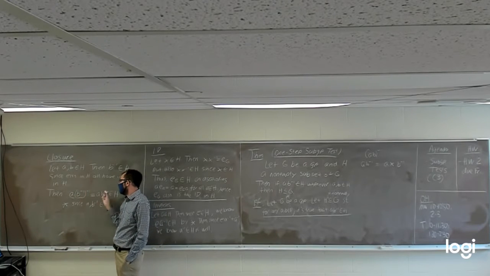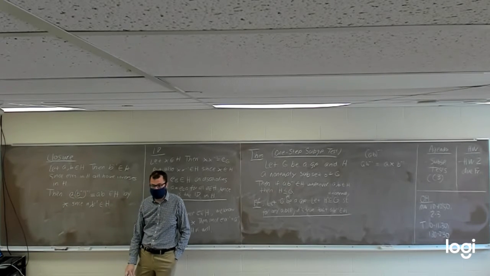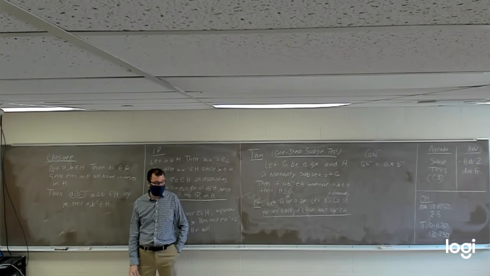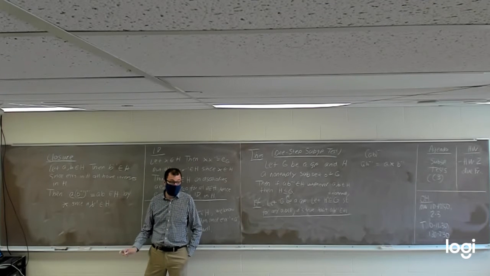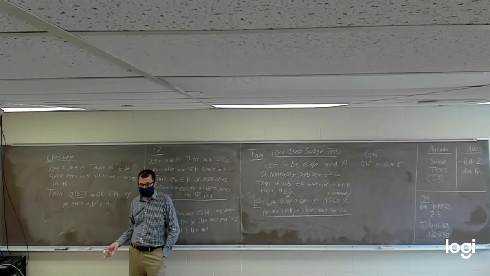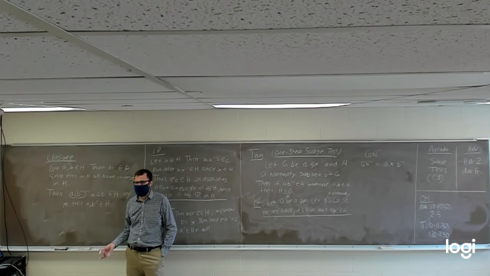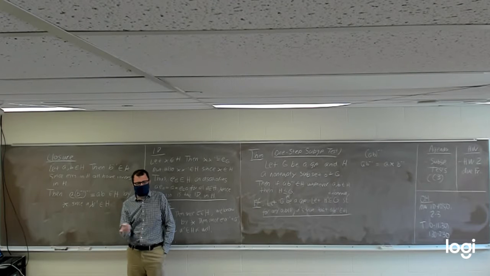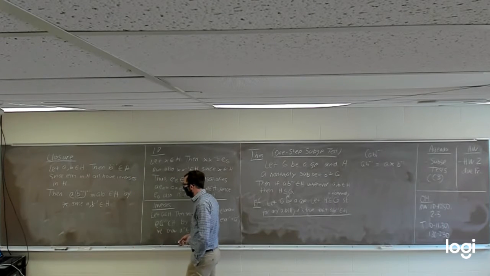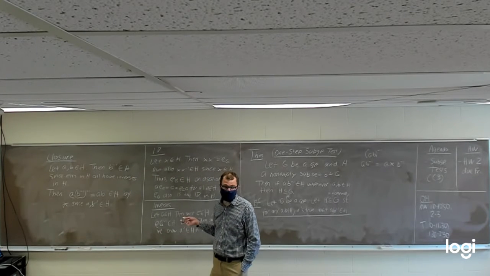That tells us that A times B inverse inverse has to be an element in H, but B inverse inverse is just going to be B. I think we proved that. We didn't actually prove that. You all can prove that. And so that tells us that A times the original B also is going to have to be an element in H.